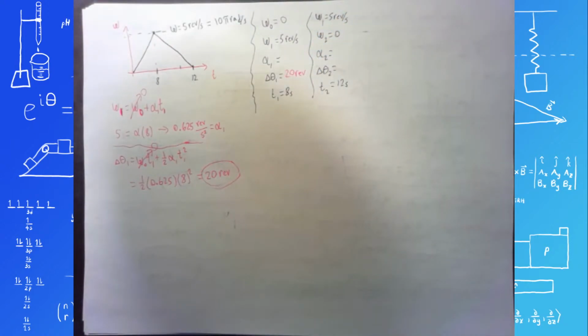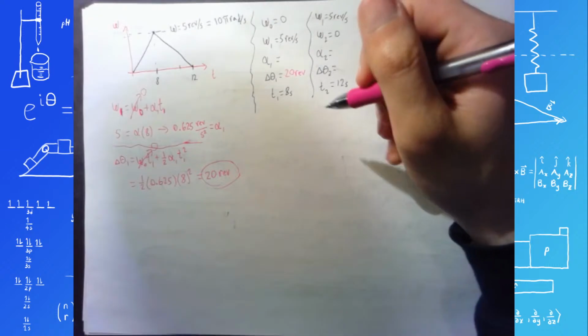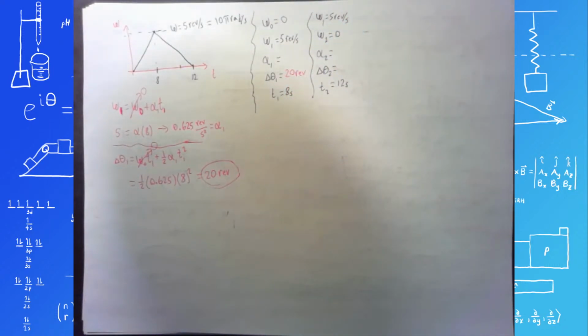All right, and then next part was finding how many revolutions it goes through in the slowdown phase. So similar math. Let me switch colors.